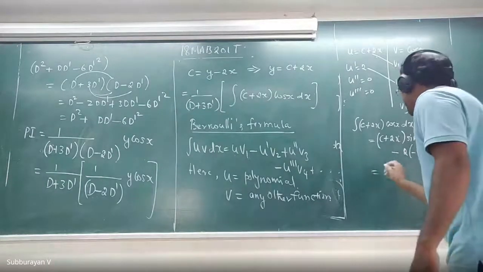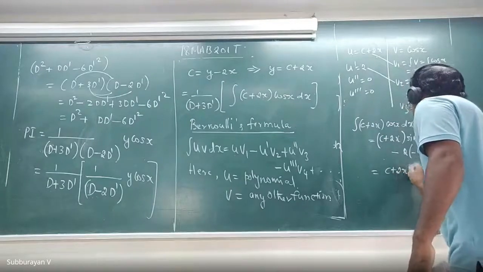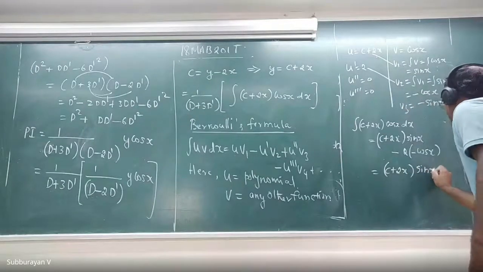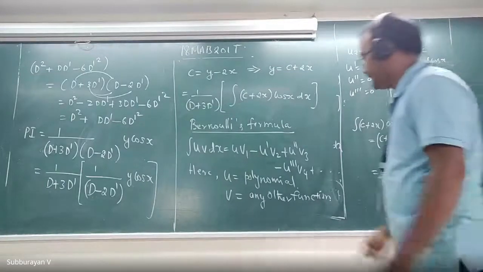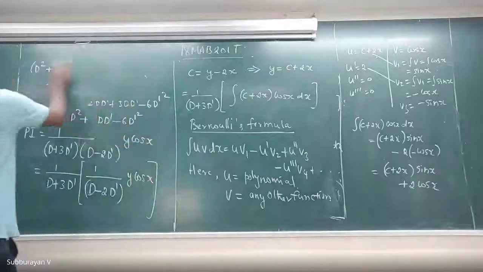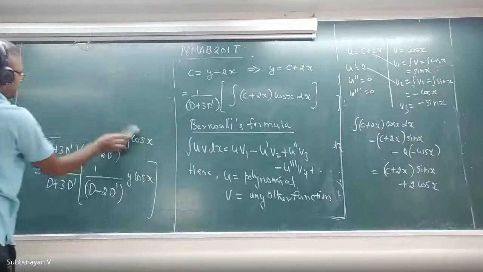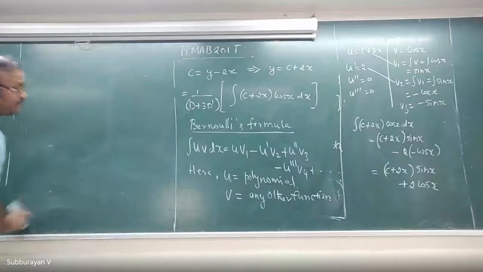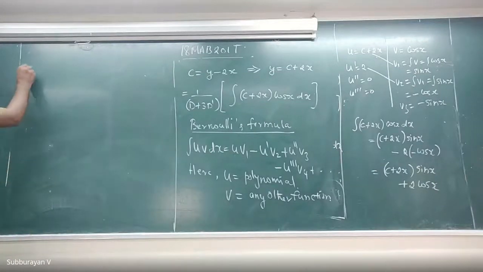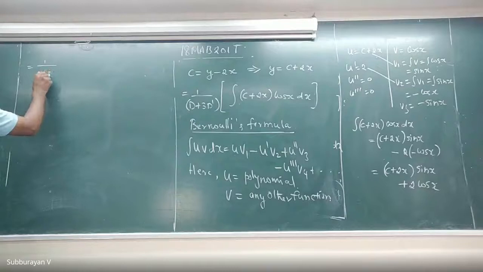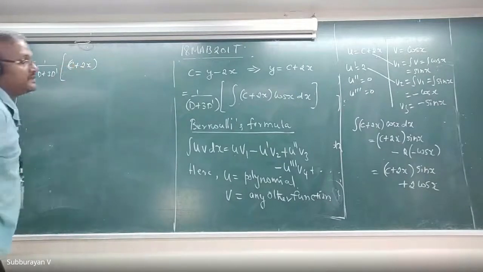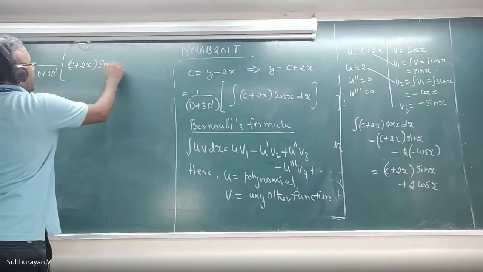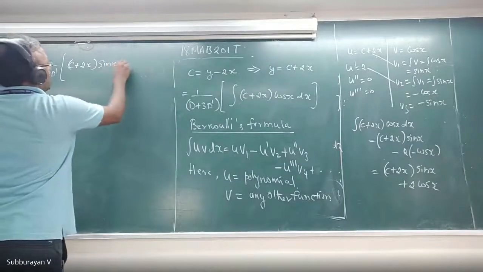Therefore this integral gives c plus 2x into sin x plus twice cos x. Therefore this step gives 1 by d plus 3d dash into c plus 2x into sin x plus 2 cos x.